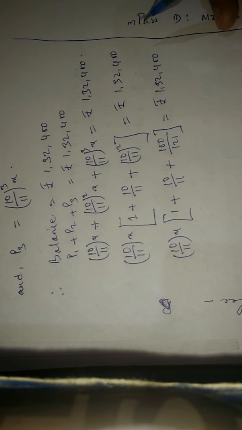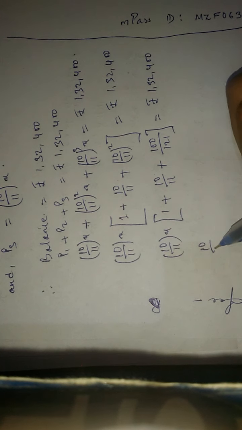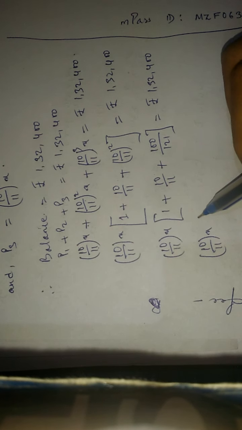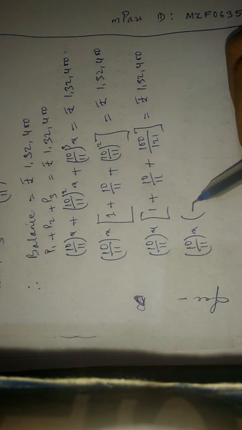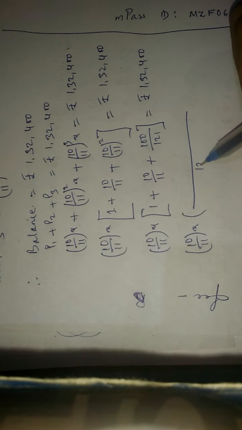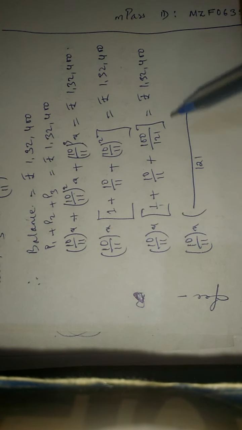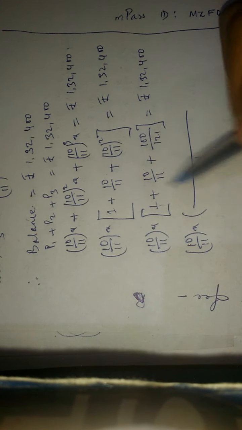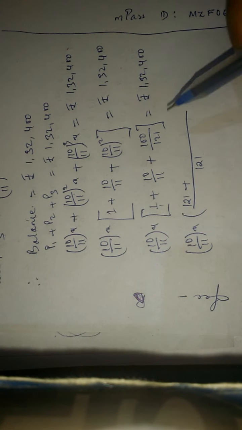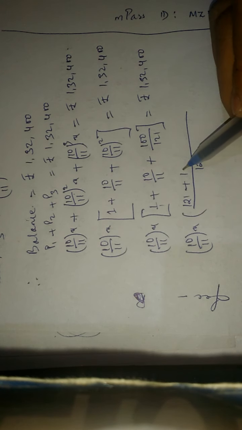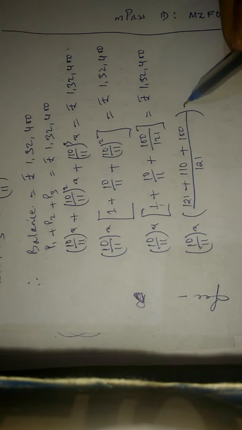Then we have to take the LCM, which is 121. So 121 plus 11 into 10, which is 110, plus 100.